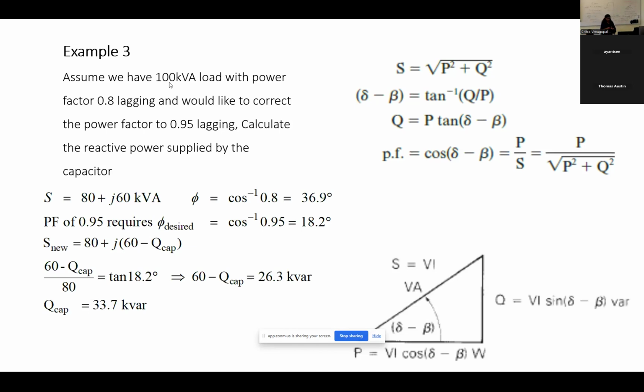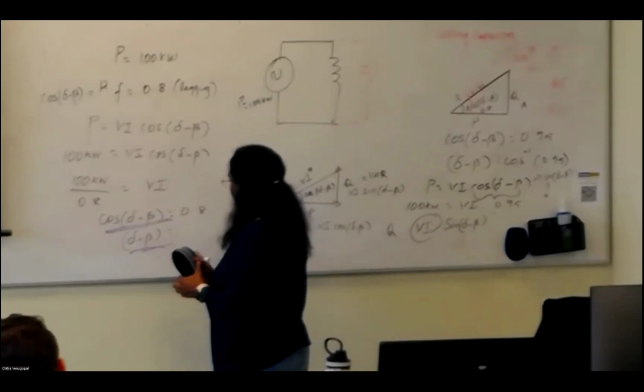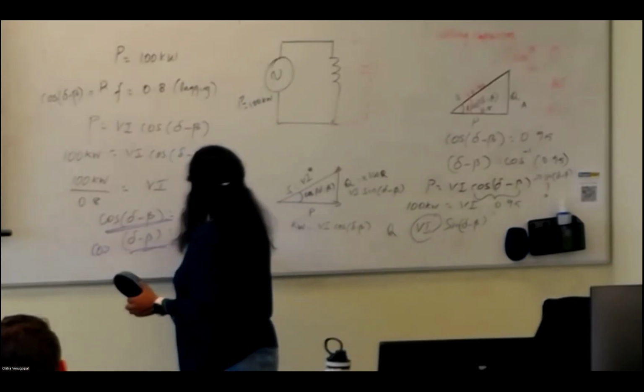That is correct, but I just want to tell you in the other way. S over P. Okay, so you can take the angle here. Okay, cos 0.8 and cos(δ − β) equal to 0.95.